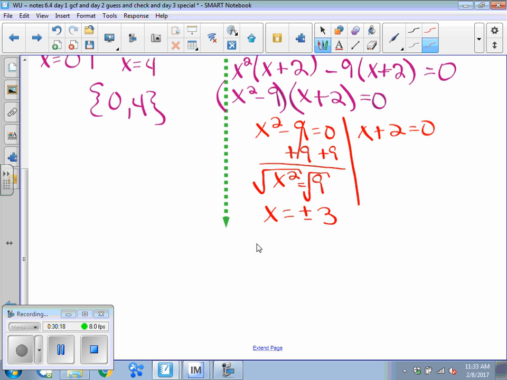That's where your third solution comes in. If you don't remember the plus or minus, and you just put x equals 3, then you're going to miss that other x-intercept. And so here, just subtract 2, and you get x equals negative 2. So my three solutions are 3, negative 3, and negative 2.